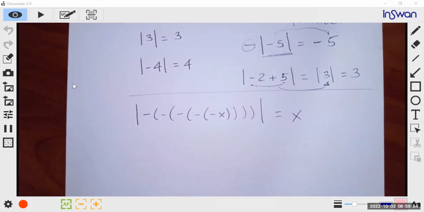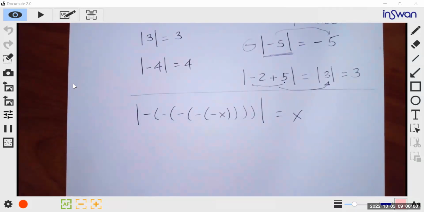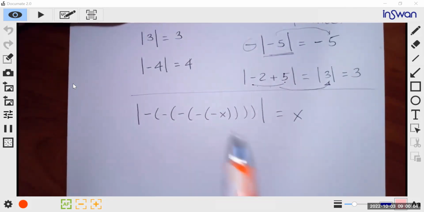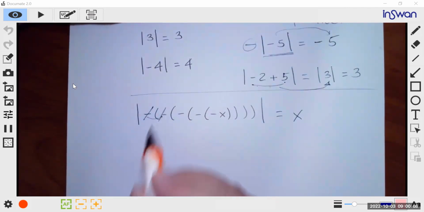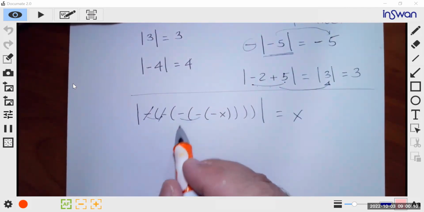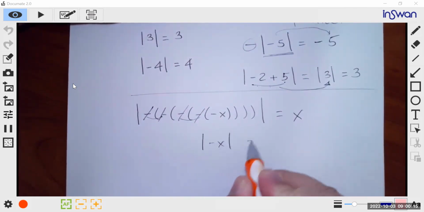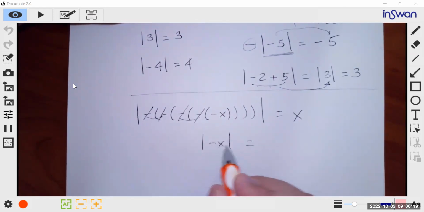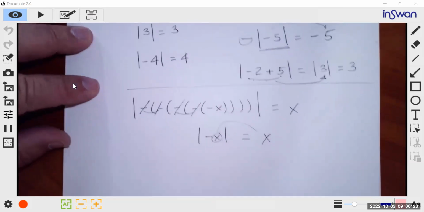No matter what, it's going to be X. All these signs don't matter. But if you want to work it out, negative times negative, they cancel. Negative times negative, they cancel. So what I really have is this. And it doesn't matter if it's positive or negative, it's just what's inside there.